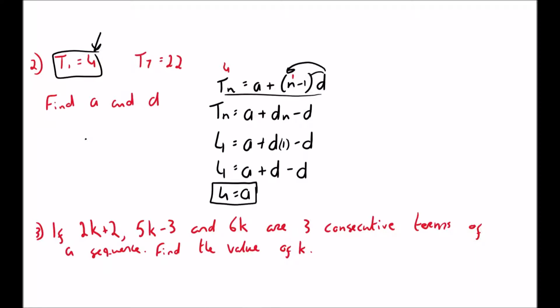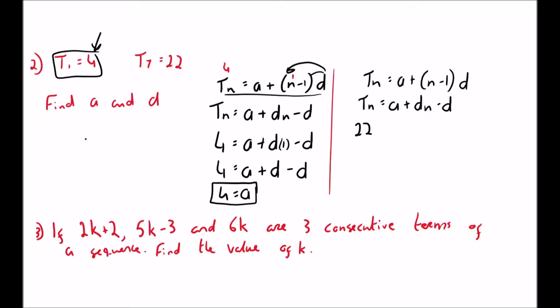Okay. The next bit then. Again, we have Tn equals a plus n minus 1 d. Just going to multiply it out. Tn equals a plus dn minus d. And this time, when we put in 7 for n, we get out 22.